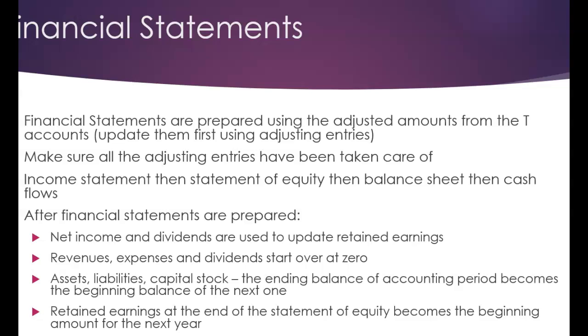Then you're going to do your statement of equity, and then lastly, your balance sheet. Now, some classes may require a statement of cash flows, but I think the most important thing in this class is preparing the income statement, the statement of equity and the balance sheet, and understanding the purpose of a statement of cash flows.